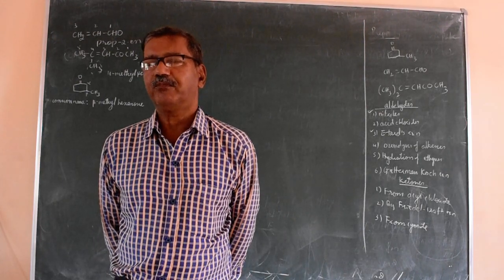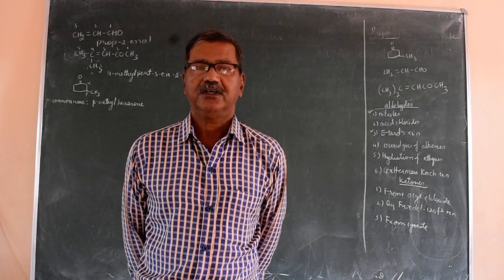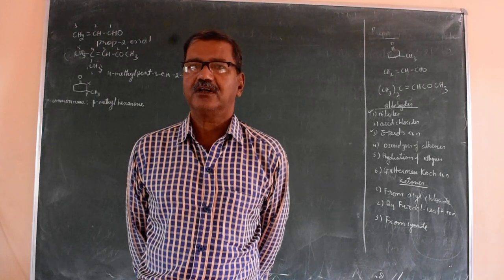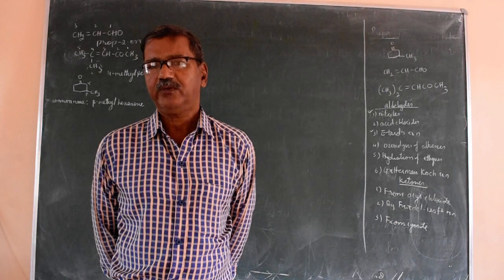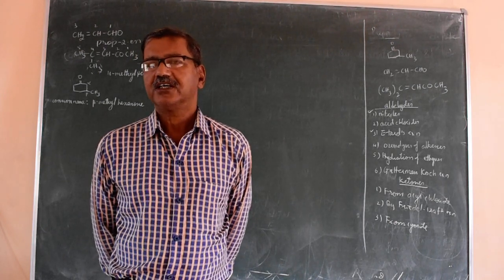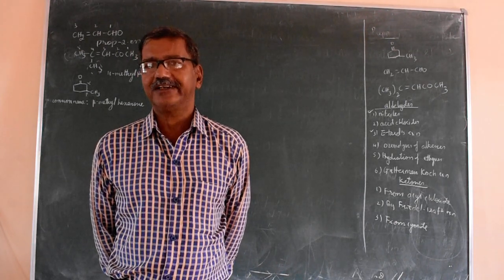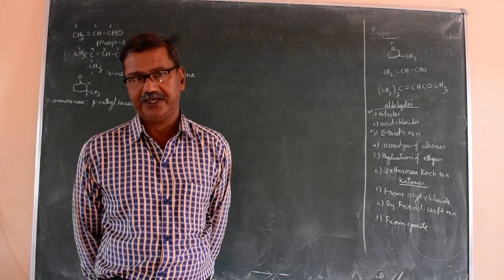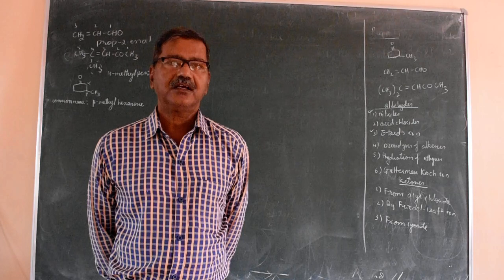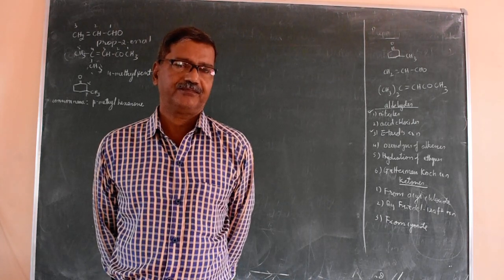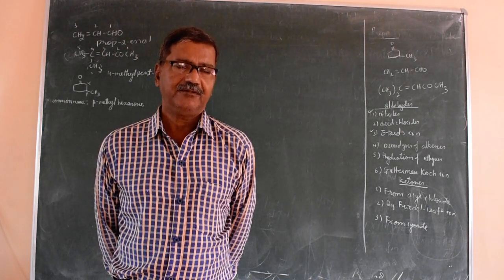Now we have one more important method to prepare aldehyde, called Rosenmund reduction. In Rosenmund reduction, we use an organic acid chloride, not HCl. We know the formula for organic acid: RCOOH is the organic acid.